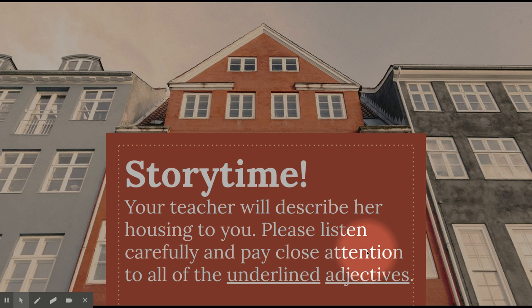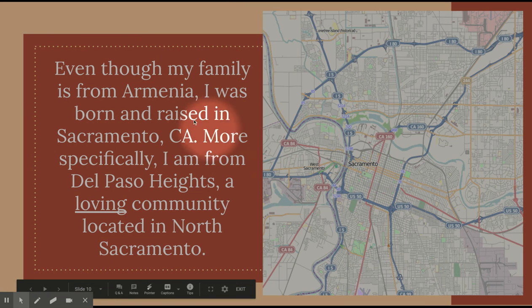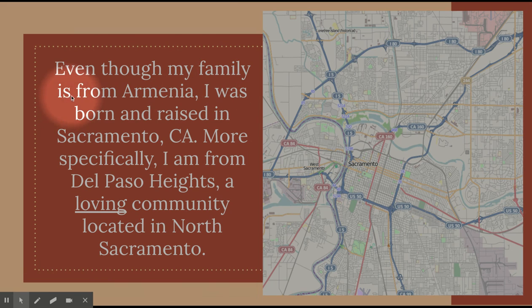So I will underline all of the adjectives in my story. Please pay attention to these adjectives. Are you ready? Let's begin. Even though my family is from Armenia, I was born and raised in Sacramento, California.